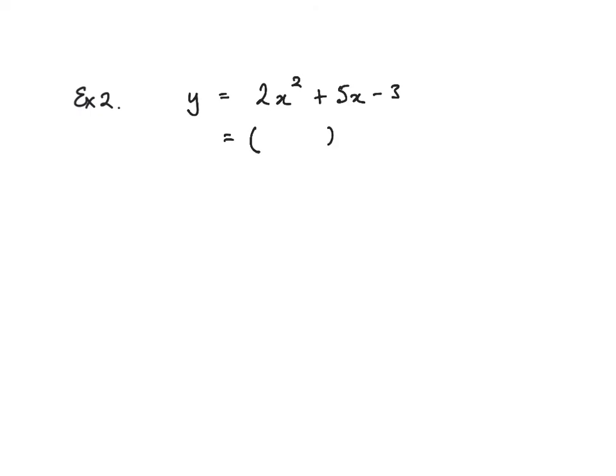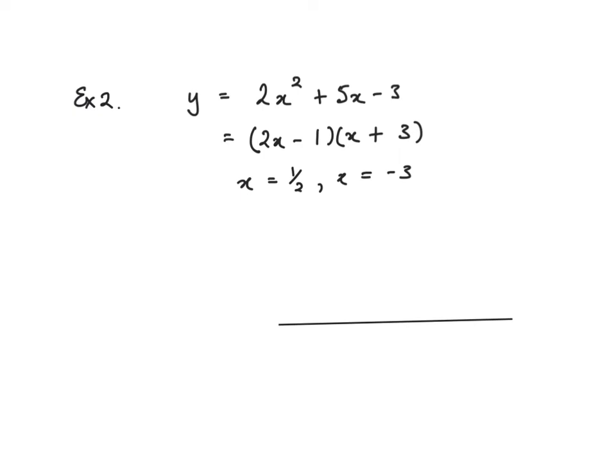So the first thing we'll have to do is to factorise and then find the roots, so x equals 1/2 and x equals minus 3. Now it's just a rough sketch that I want. So 1/2 is here, minus 3 is somewhere over here.